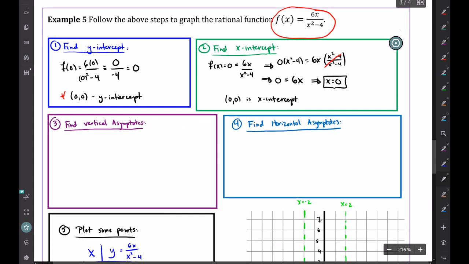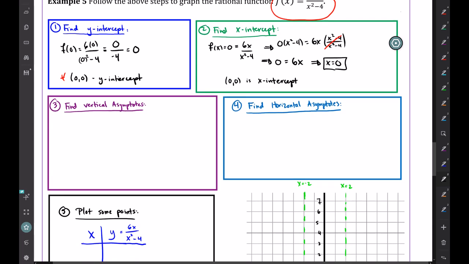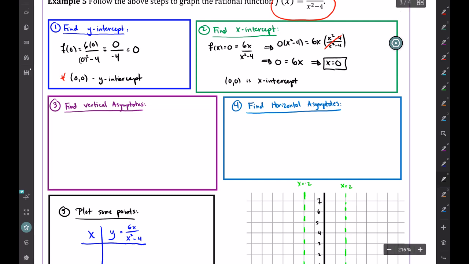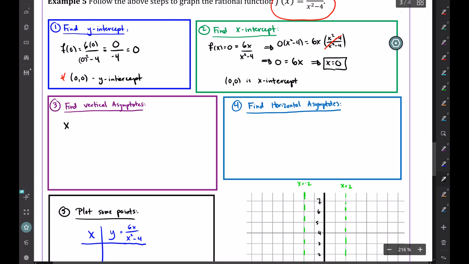Step 3 says to find the vertical asymptotes. If you remember, to find vertical asymptotes, you take the denominator and set it equal to 0. So the denominator here is x squared minus 4. So x squared minus 4 equals 0 if and only if x squared equals 4. That's just adding 4 to both sides.